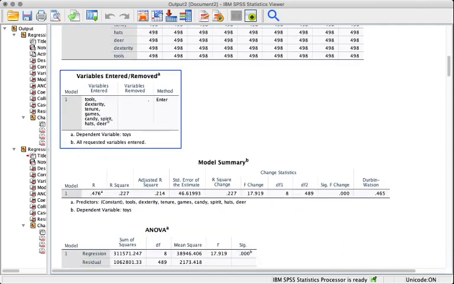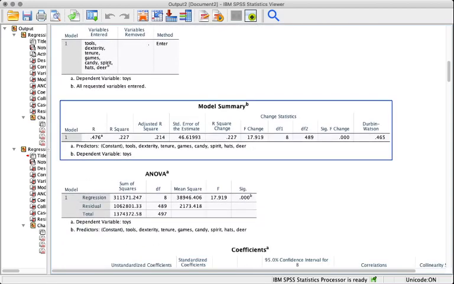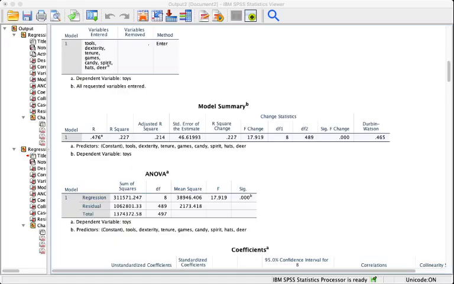Don't worry about this. We'll talk about it later. And don't worry about most of this because it is part of the interpretation, which we're not doing yet. What we do want from this table is the Durbin-Watson. Now, the Durbin-Watson is something that we use for testing the independence of errors.